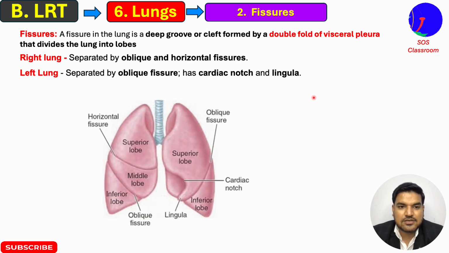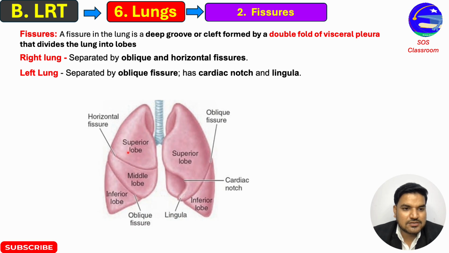Next is the fissures of the lungs. So what is the meaning of fissures? Fissures mean the deep groove or cleft formed by the double fold of visceral pleura. How is the double fold of the visceral pleura formed? You can see this is the superior lobe, this is the middle lobe, and this is the inferior lobe.